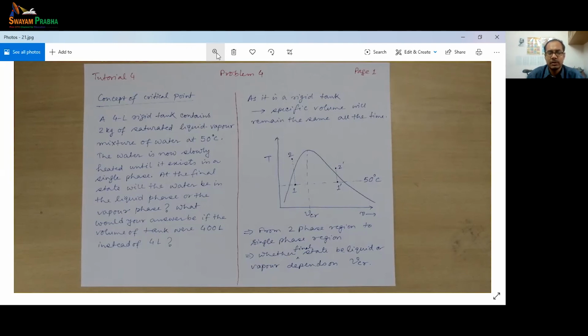For gases, we have looked at the ideal gas assumption, the real gas, and the compressibility chart, and we have looked at the fundamental concepts as well. Hopefully it will make you very well conversant with the theory of the third chapter, the properties of pure substances. Okay, thank you very much for your attention.